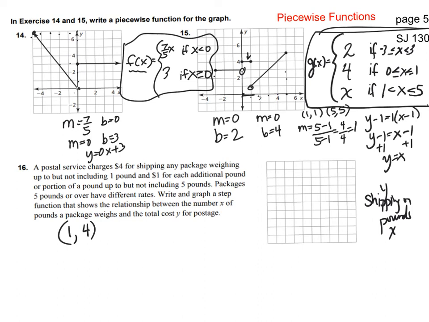So let's do those. $1 for each additional pound. So if it was 2 pounds, it would be $5, and 3 pounds would be $6, and 4 pounds would be $7, and 5 pounds would be $8.